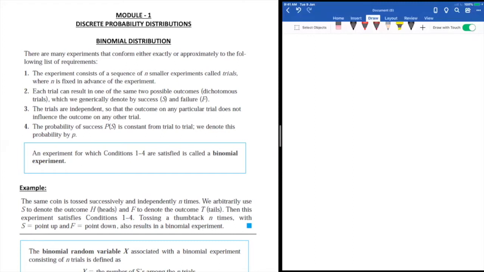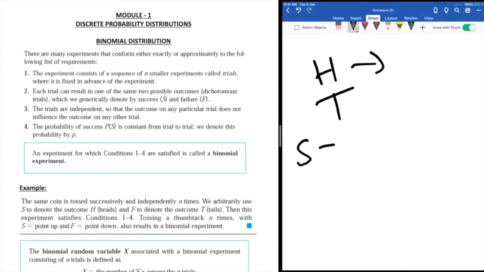Now, the second condition: each trial can result in one of the same two possible outcomes, say success and failure. If I define getting head as the success, then if I toss a coin, the possible outcomes are head or tail.